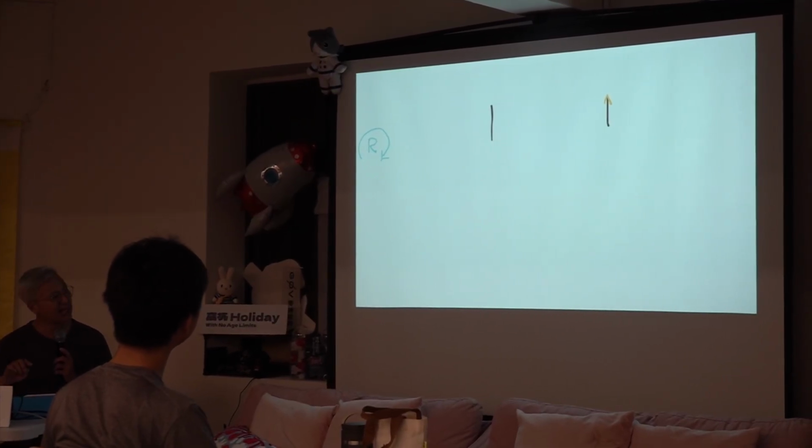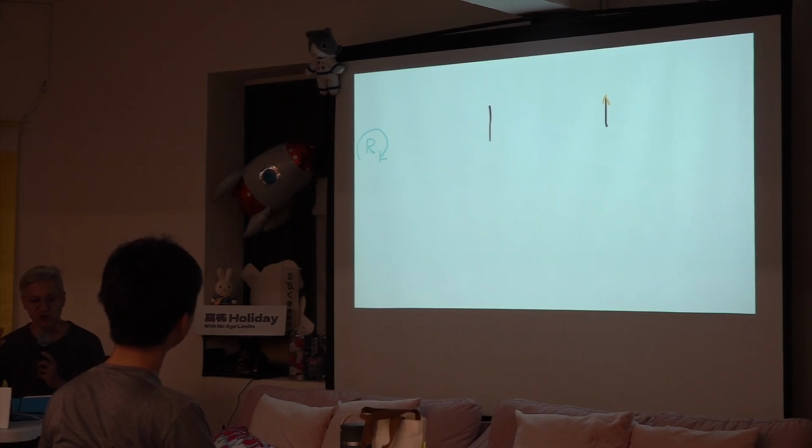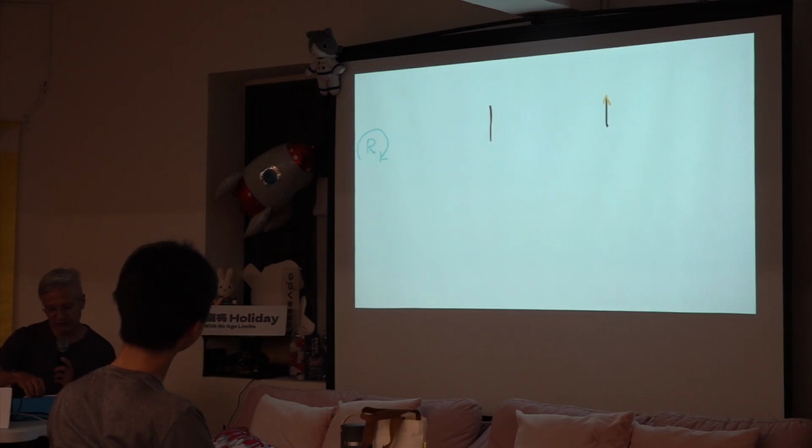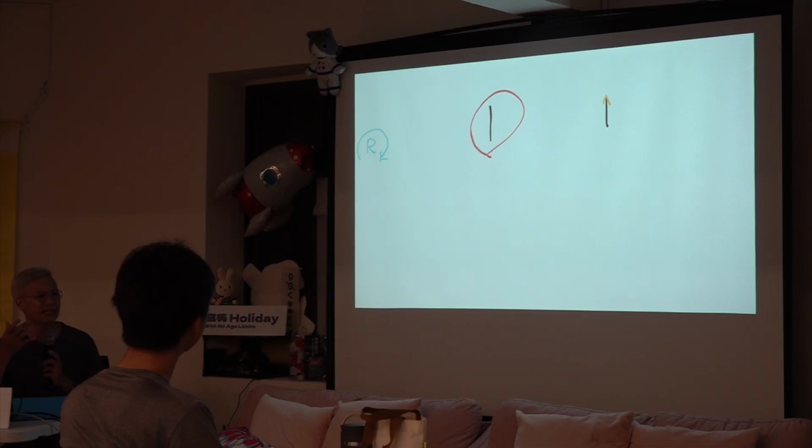generate such curves. In the first approach, which I'm going to call the unfolding approach, we start with a single line like this, which is the level 0 dragon curve. And to go from one level to the next, we start with the previous level.